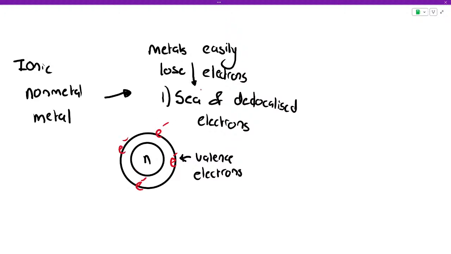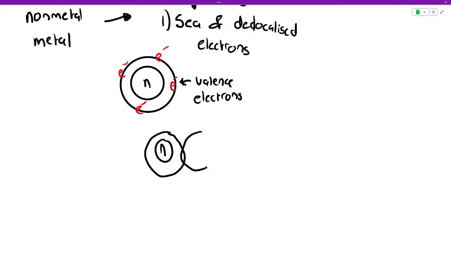Now the problem is in metals, things overlap. The outermost shell and energy level overlaps. Now it becomes a problem because then electrons start jumping into the next one.